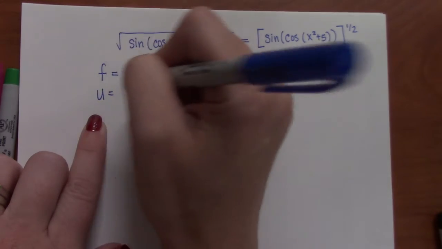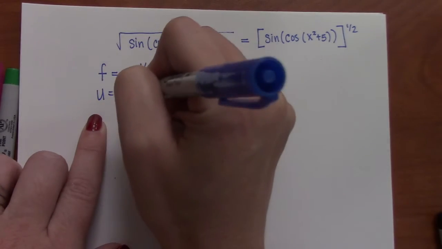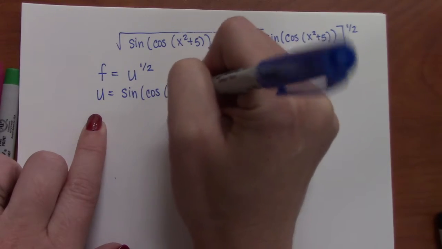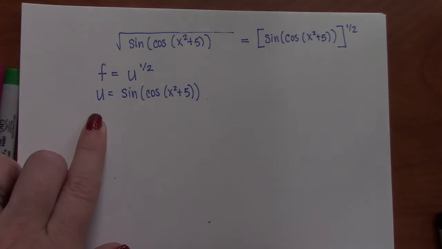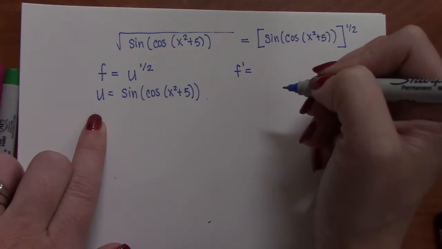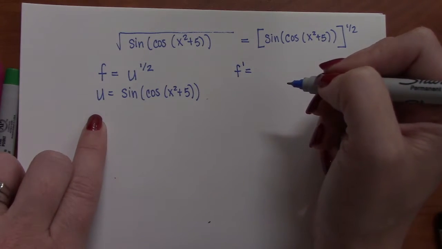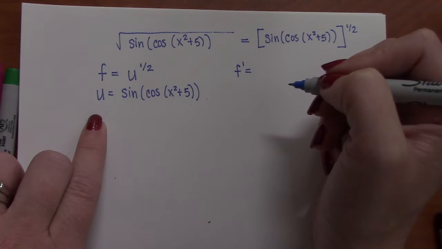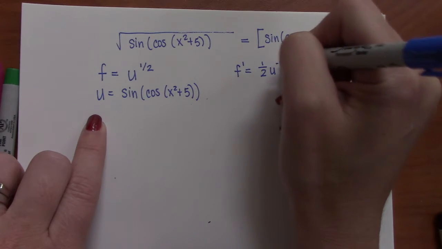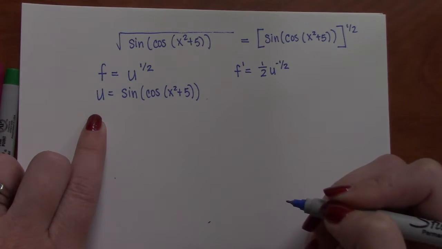And the u is sine of cosine of x squared plus 5. So you know that you've defined the outer function properly when the derivative is really easy to take. If you're doing chain rule and that guy's not easy to take the derivative of, you probably haven't defined it right. So this guy is 1/2 u to the negative 1/2.